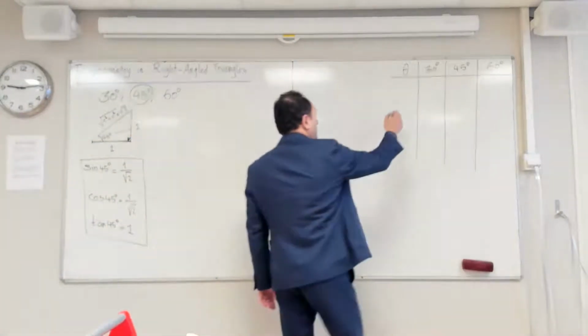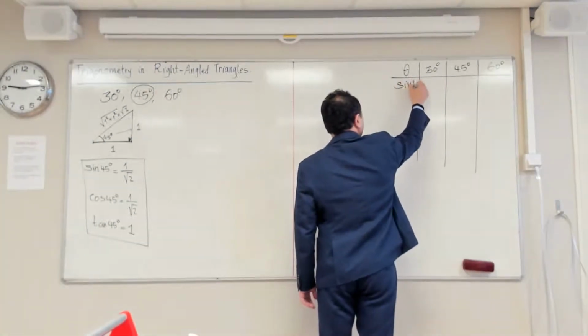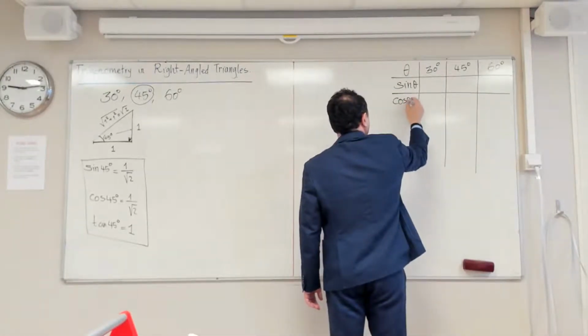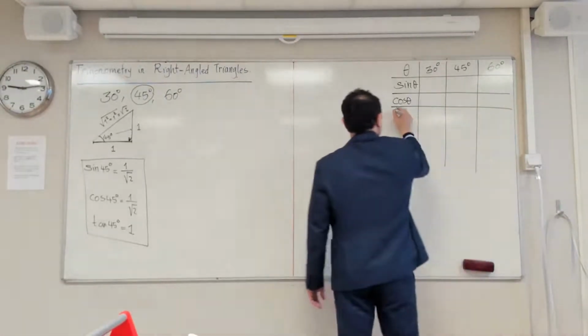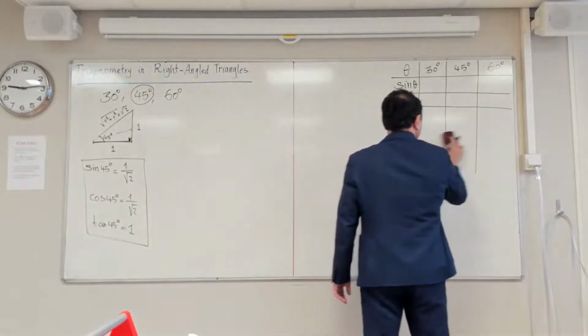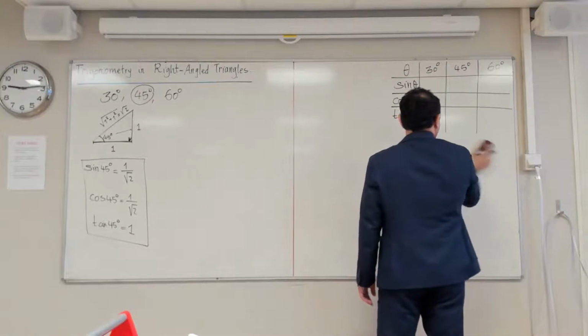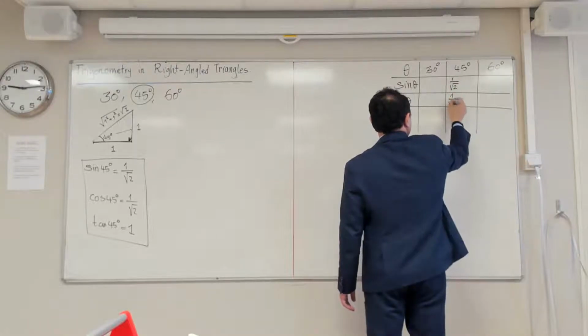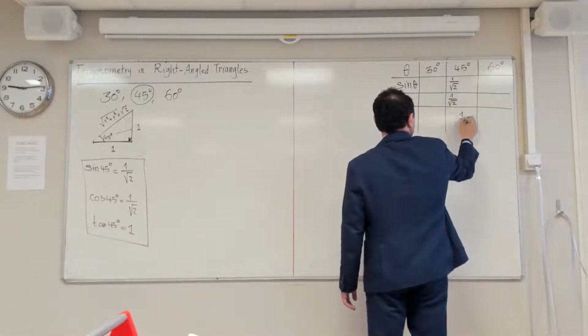So theta, then sine of theta, here cosine of theta, and then tangent of theta. For 45, I got this number 1 over square root of 2. This one is 1 over square root of 2, and then this one is 1.